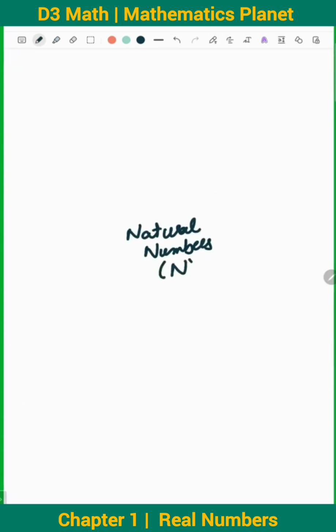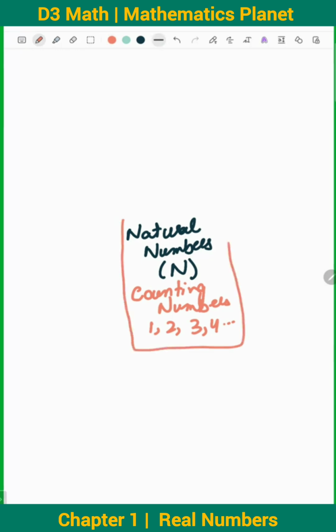So natural numbers are basically also called counting numbers, right? And natural numbers start from 1, 2, 3, 4. So all of these are natural numbers. They are also called counting numbers, and they make up one set of numbers, which is starting from 1, 2, 3, 4 to the infinity.